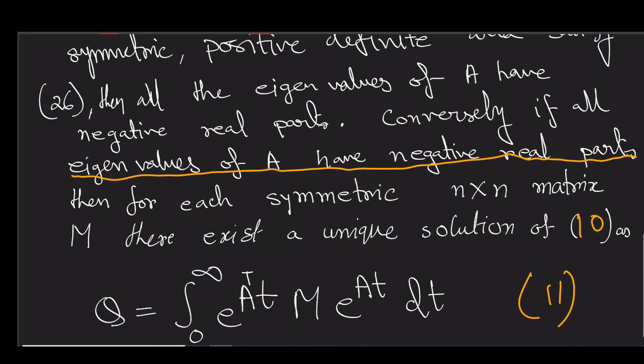Then for each symmetric n cross n matrix M, there exists a unique solution, that is Q equal to the integral of e to the power A transpose t, M, e to the power At. Furthermore, if M is positive definite, Q is positive definite.